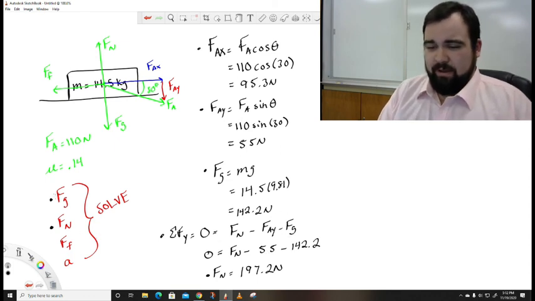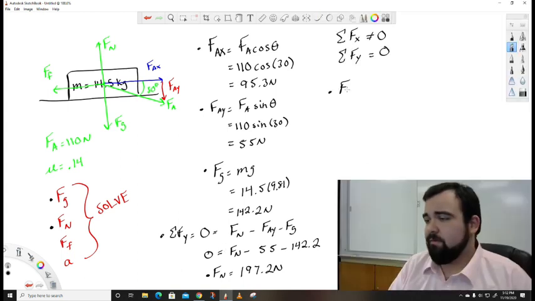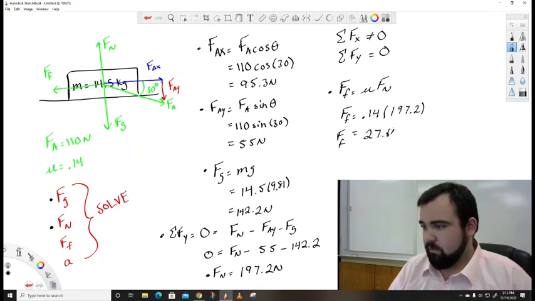So now that we have Fn, we can go ahead and find our force of friction. It comes out to 27.6 newtons. Now the last bit here is to find the acceleration, and we're going to do that with our F net x equation.